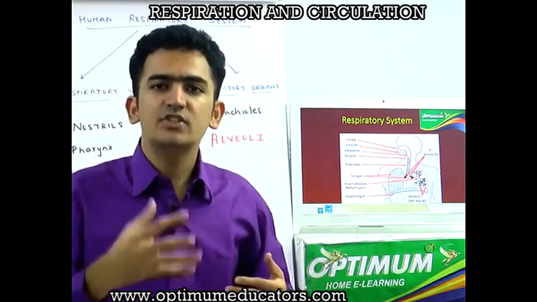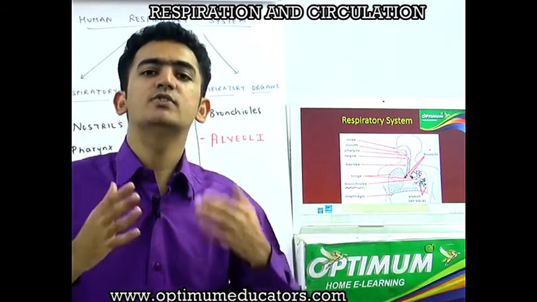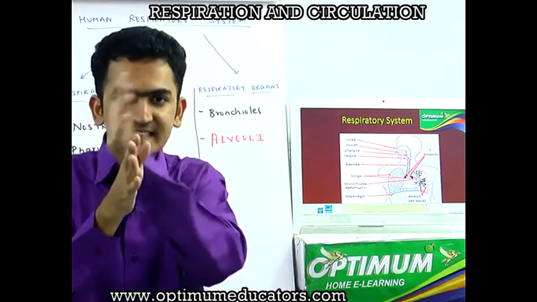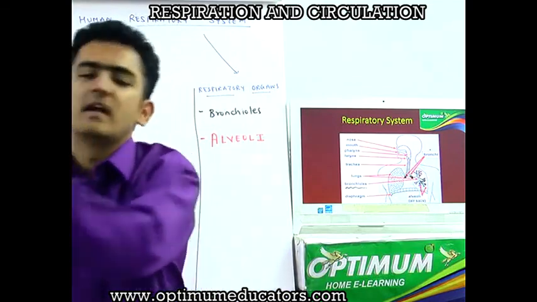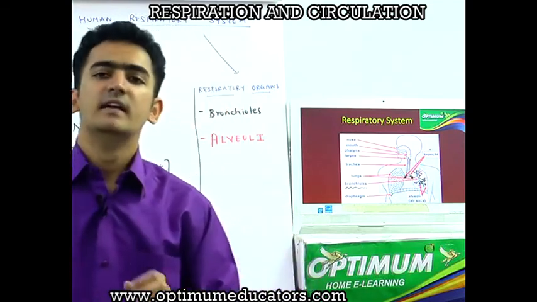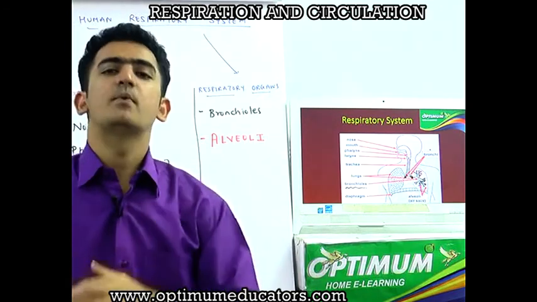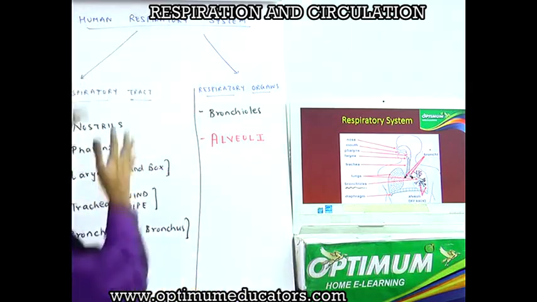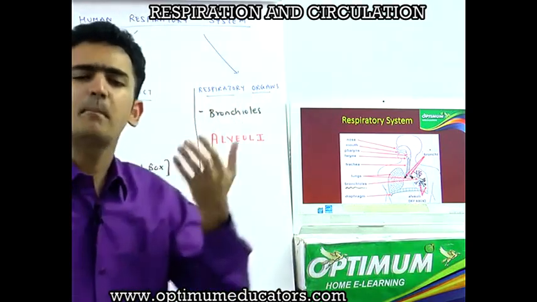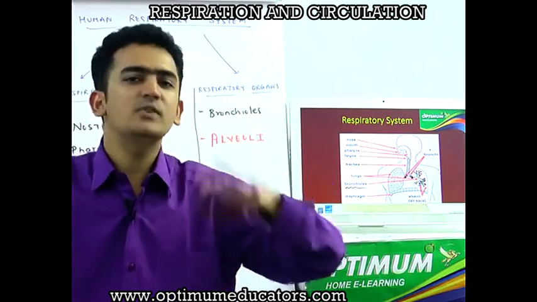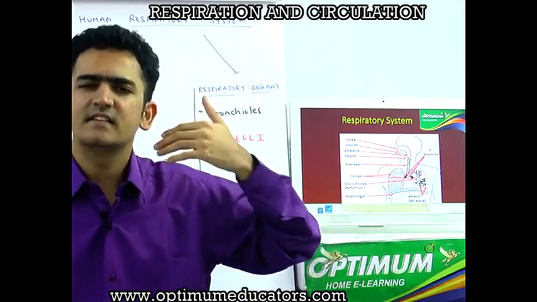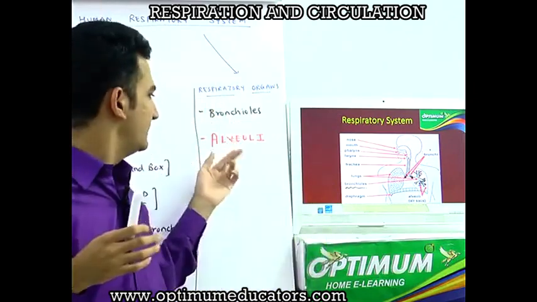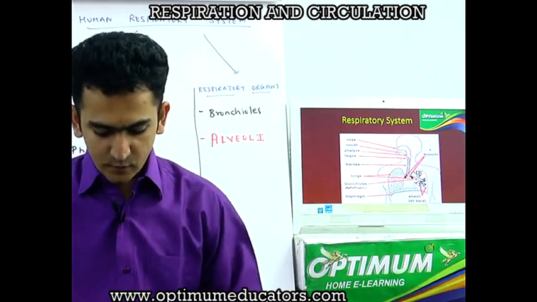They are the actual tissues through which air passes to enter into the blood, and therefore they are the most important parts of the entire respiratory system. Rest everything what we have mentioned, they are pathways. They are just mediators, but the final important organ is the alveoli.